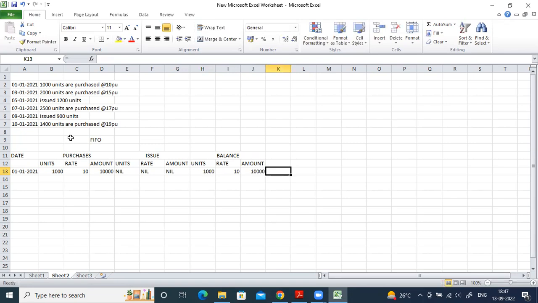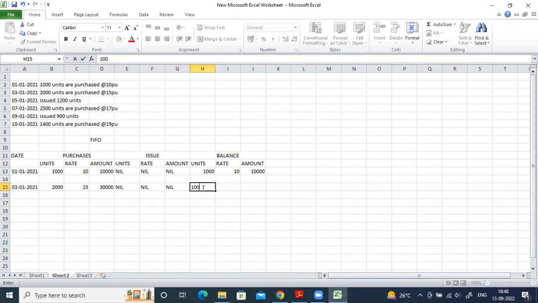Now, 3rd January. On 3rd January 2021, is it purchase or issue? Purchases. So we purchased 2000 units, rate is 15, and the amount will be 30,000. There is no transaction in issue, so nil. What will be the balance?